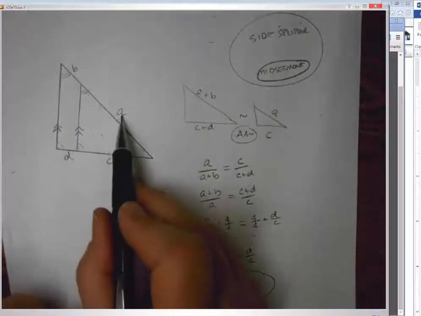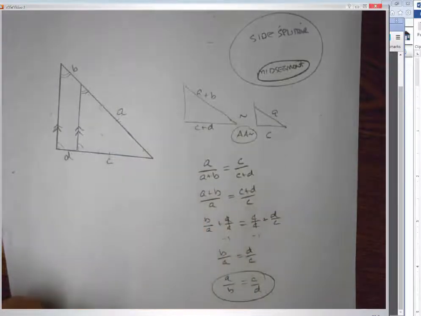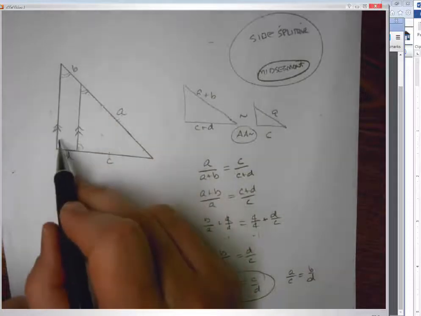In other words, this side is to this side as this side is to this side. And with the exchange property, I could also say that A is to C as B is to D.